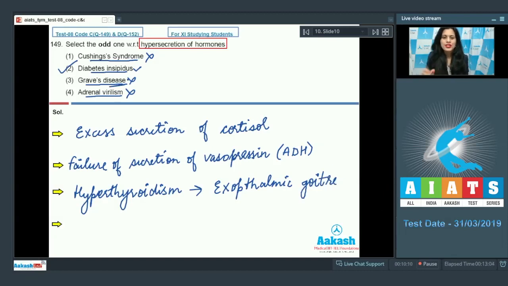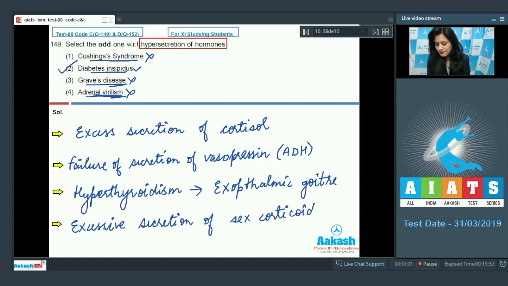So this is an incorrect option. And the last option is adrenal virilism. And this is an incorrect option because excessive secretion of sex corticoids causes adrenal virilism. So the correct answer to this question is option number 2. Let's discuss our next question.